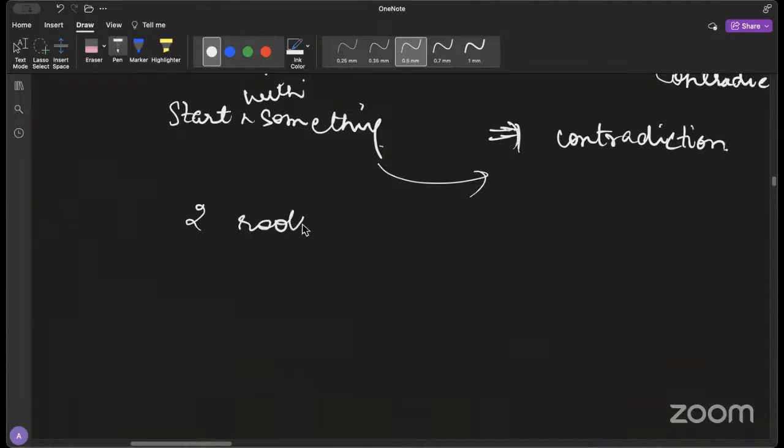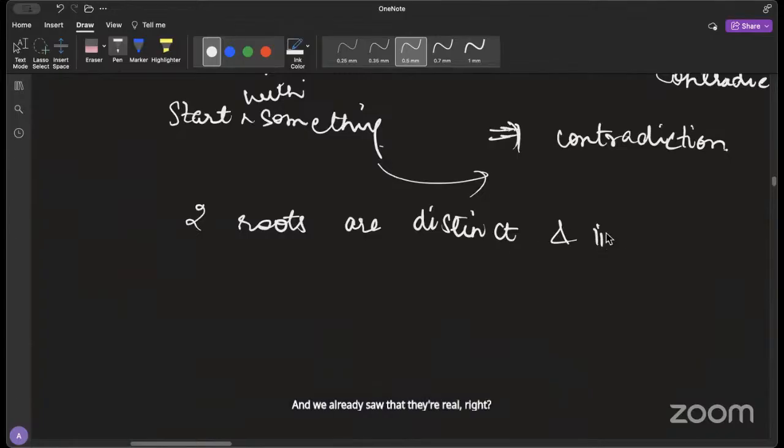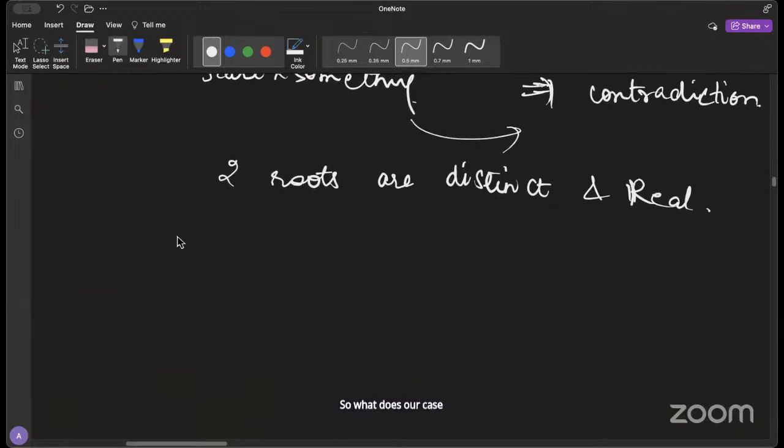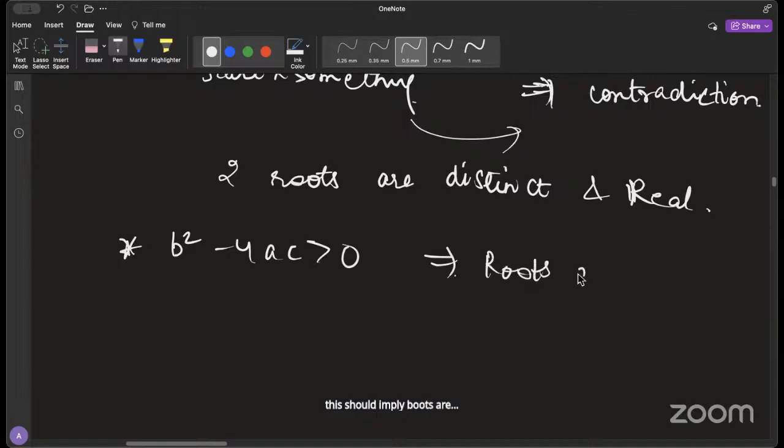Two roots are distinct. And we already saw that they are real. So what does our case say? It says precisely if your b square minus 4ac is greater than 0, this should imply roots are real and distinct.